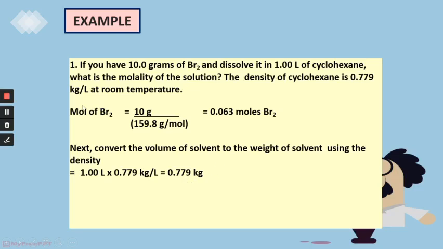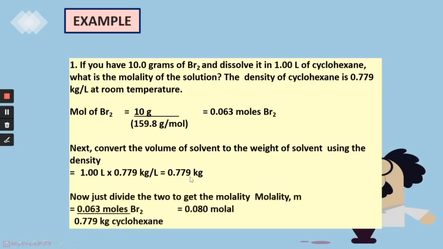So now you have the mole of solute and mass of solvent. Just substitute the values into the formula, mole of solute over mass of the solvent, and you will get the answer 0.080 molal. So molal is actually mole per kilogram.